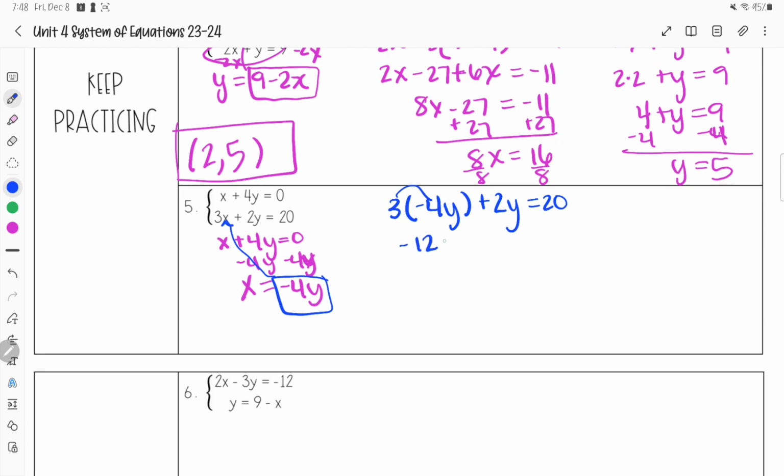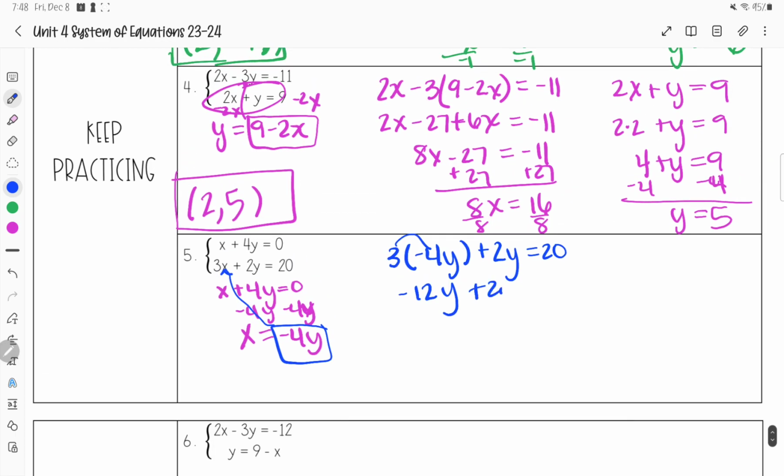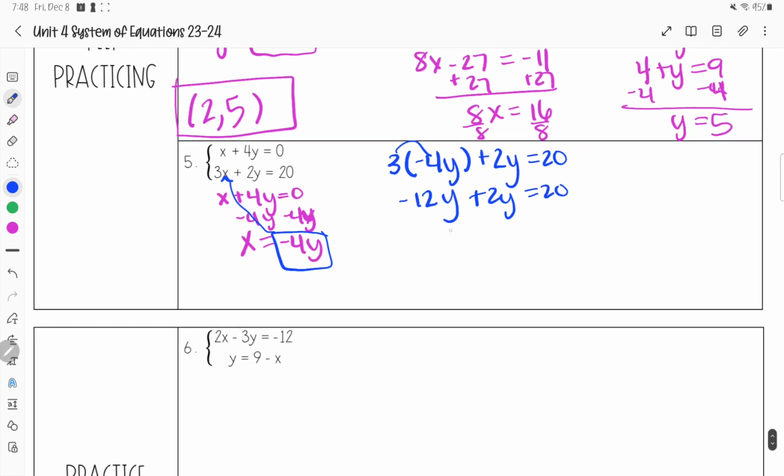This will give me negative 12y, and then plus 2y equals 20. So then I'm going to have negative 10 y's equal to 20. I divide by negative 10. I now know that my y value is equal to a negative 2.